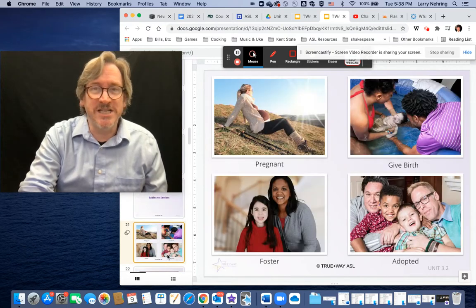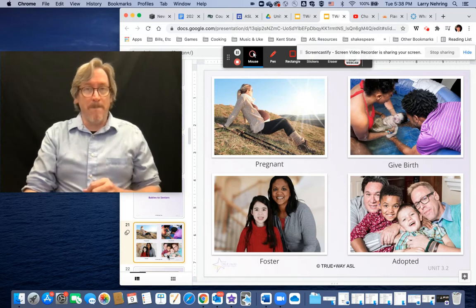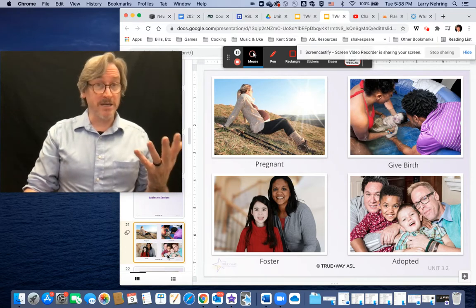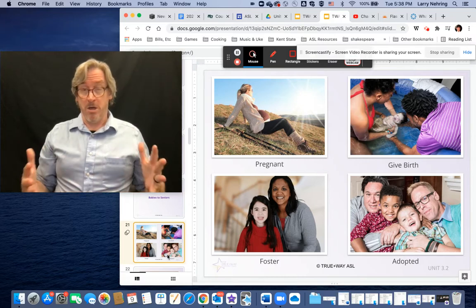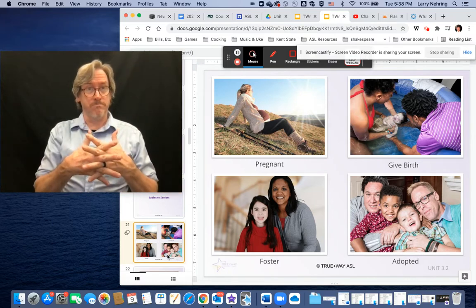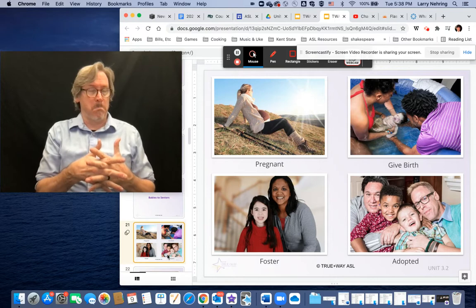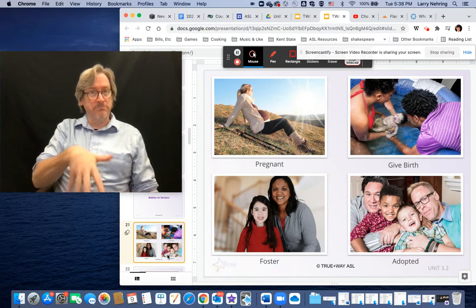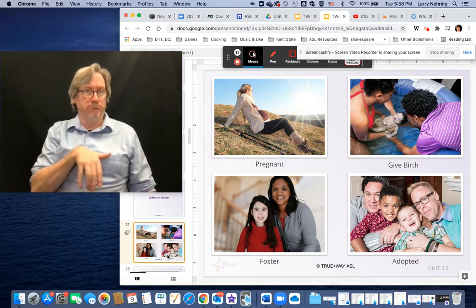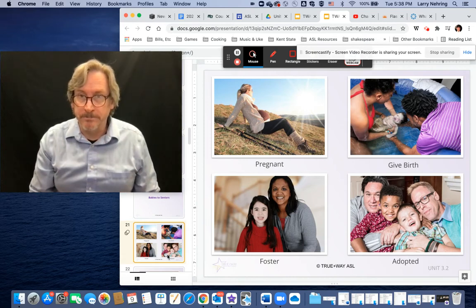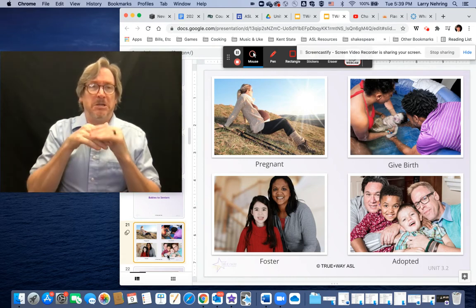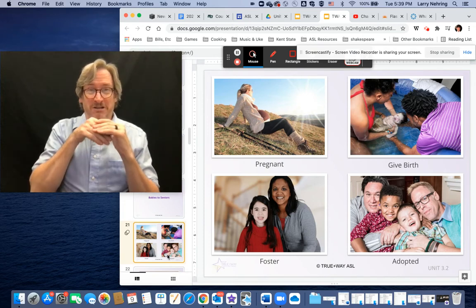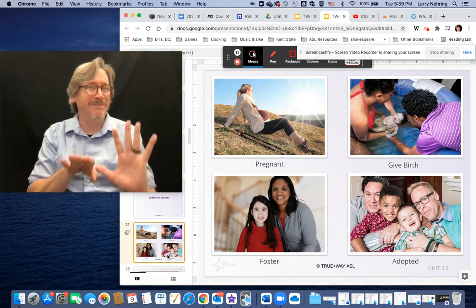Babies to seniors. So pregnant, to be pregnant and to get pregnant, two different signs. So there's to get pregnant or pregnant. Give birth. They smeared it with lard. It looks like birth. Some people don't like this.